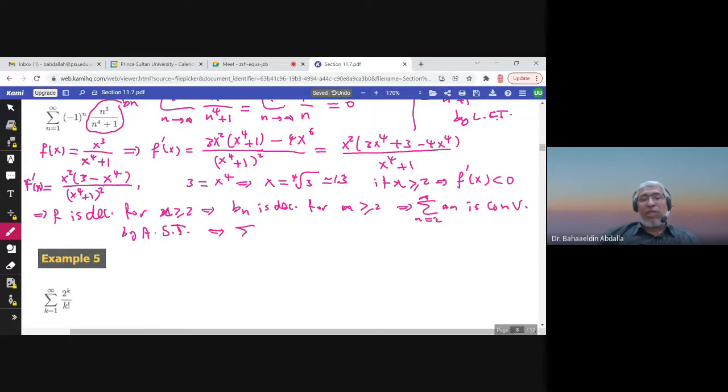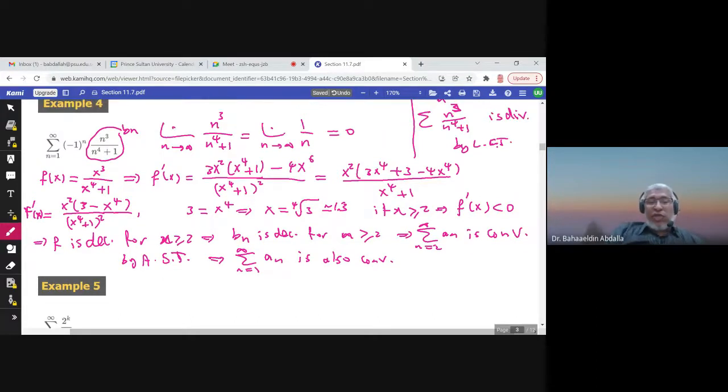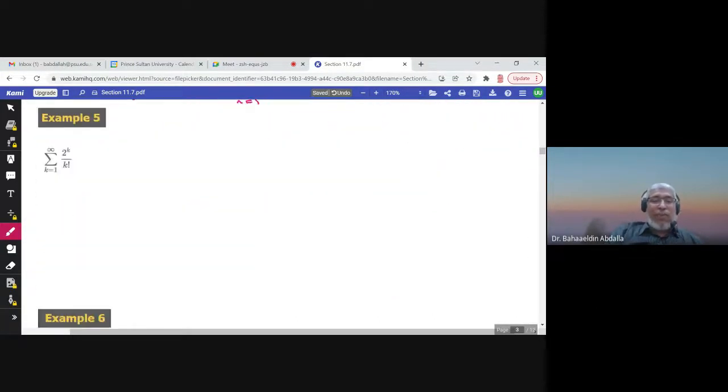And this means that the summation of a_n from 1 to infinity is also convergent because we are adding only one term. So this series is convergent using alternating series test.